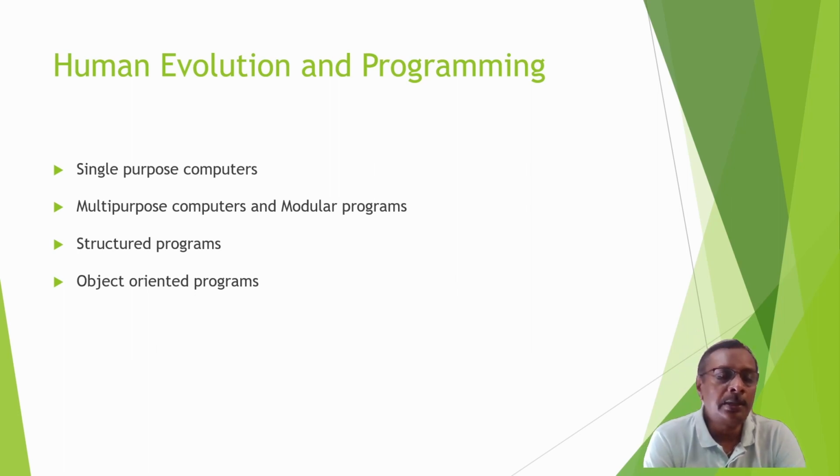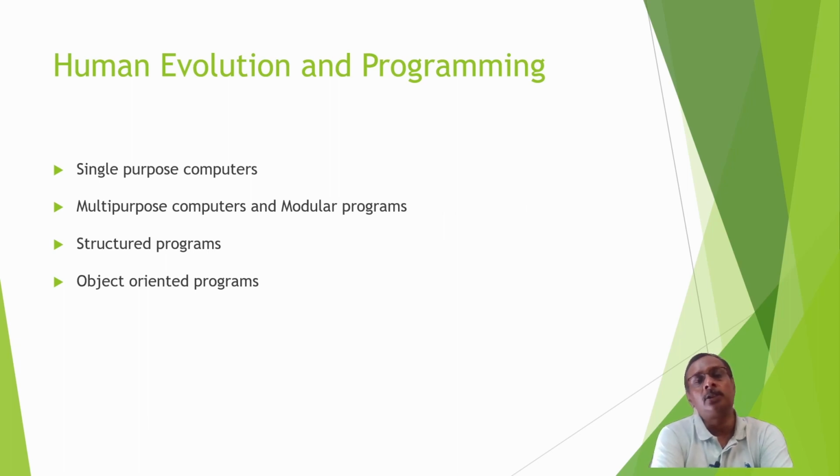We are going to discuss object oriented programs in detail in our next session, so don't worry about that. We are going to totally disintegrate, analyze, and get a clear idea about what object oriented programming is all about, because modern languages basically work on object oriented nature.